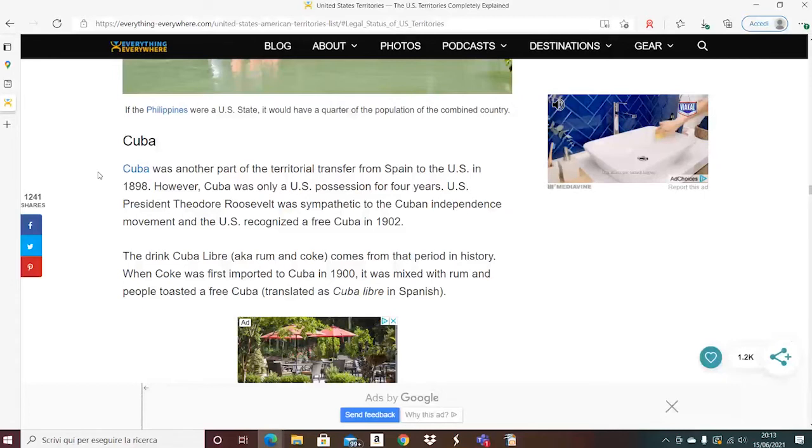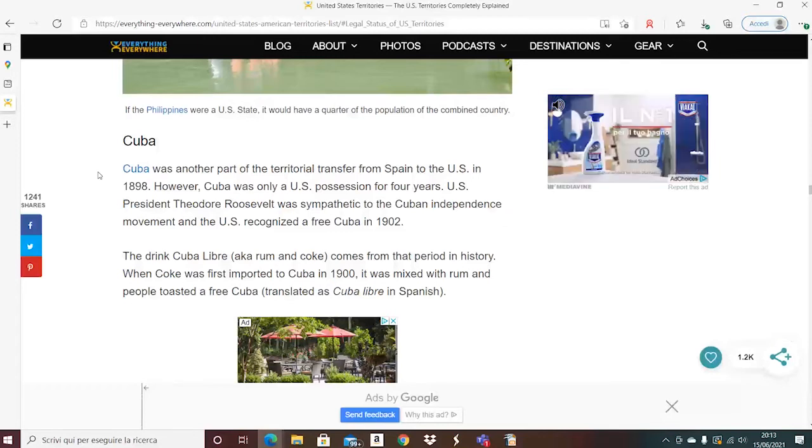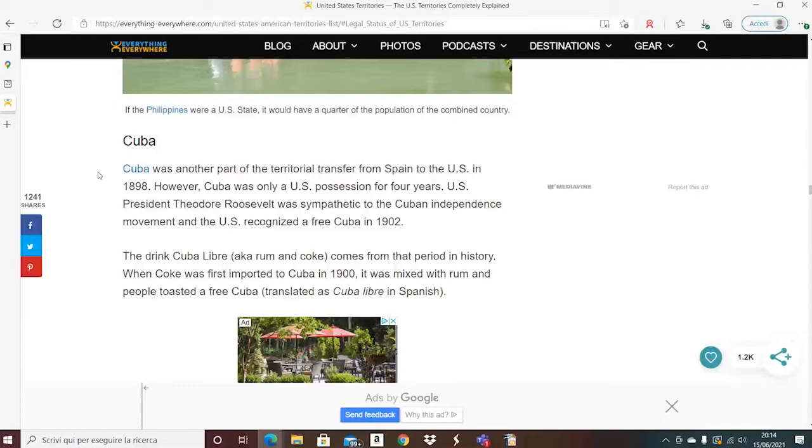The drink Cuba Libre, aka rum and coke, comes from that period in history. When coke was first imported to Cuba in 1900, it was mixed with rum and people toasted a free Cuba, translated as Cuba Libre in Spanish.